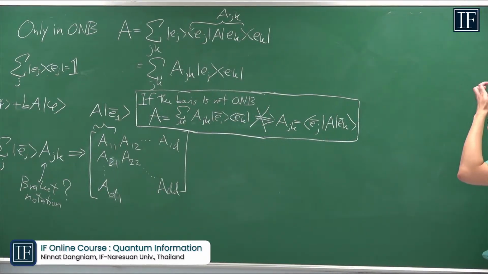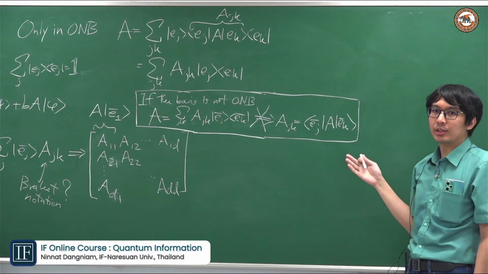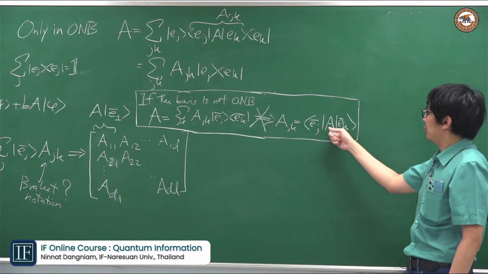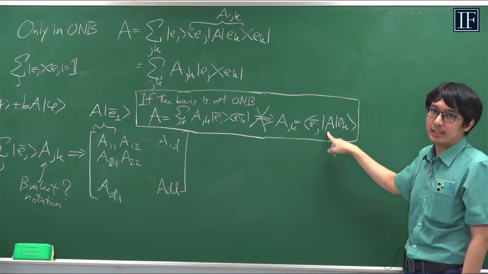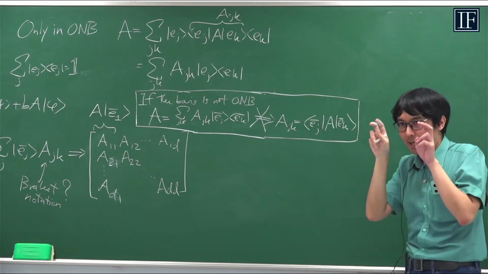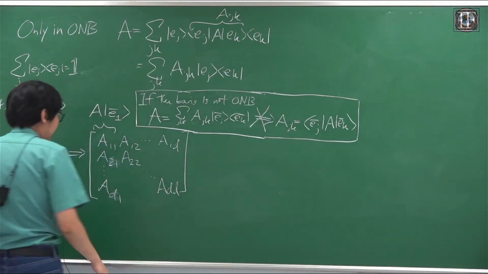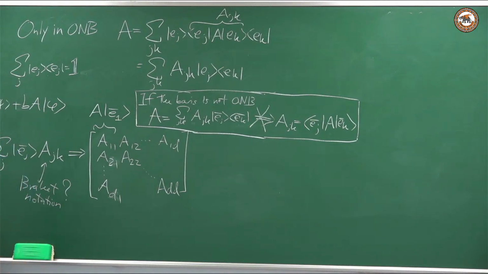It's the same deal with the trace. If you calculate the trace and the basis you choose is not orthogonal, then it's no longer true that the trace is a sum of the diagonal of this. So just be careful. It's something that has to do with Dirac notation.